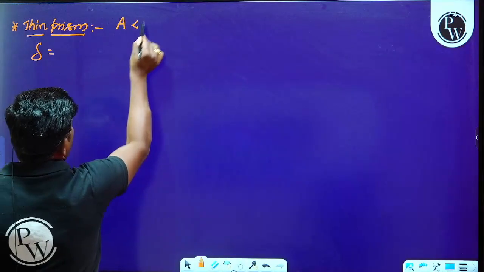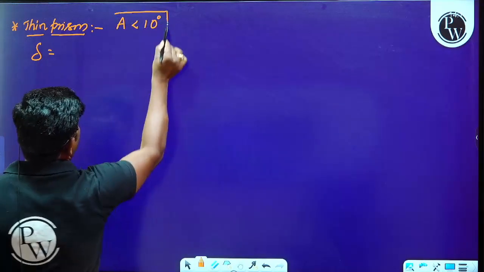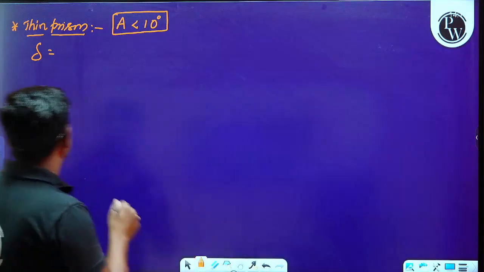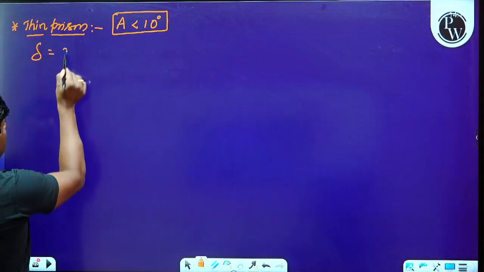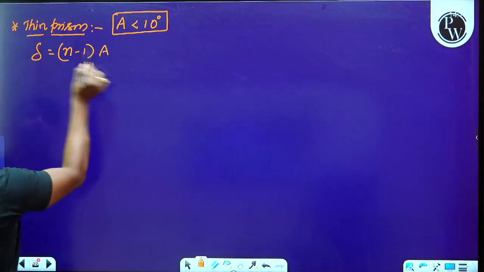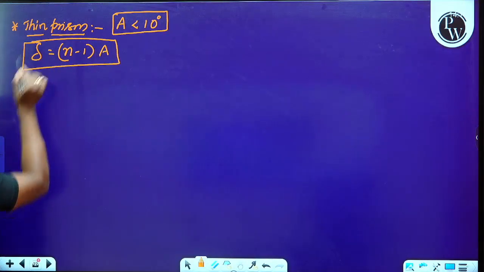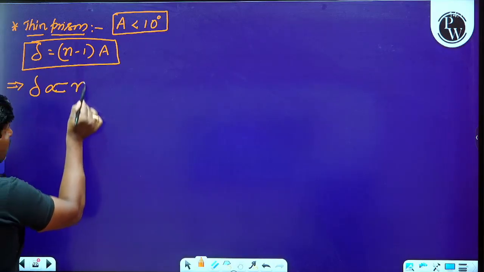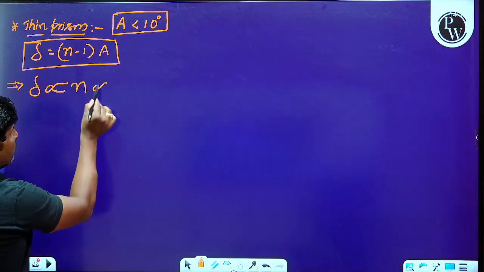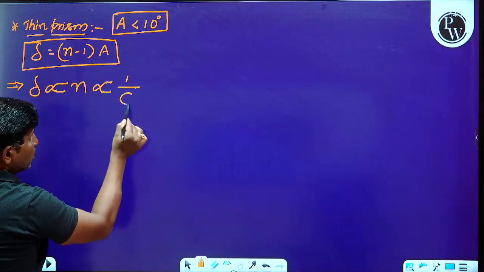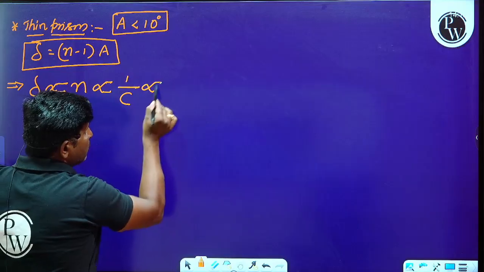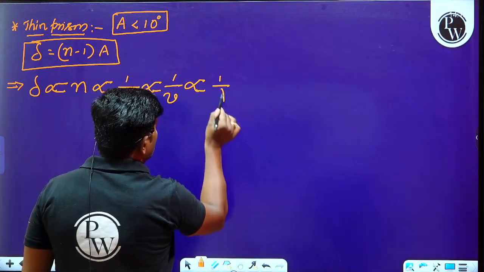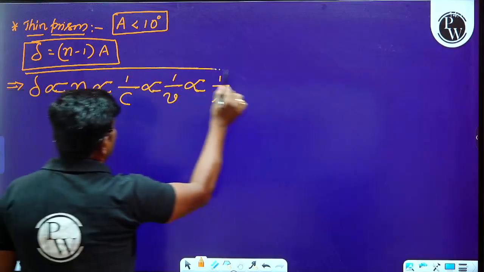The prism whose angle of prism, or refracting angle, is less than 10 degrees, the deviation is equal to (n minus 1) into capital A. From this, it should be very clear that deviation is directly proportional to refractive index, and refractive index is inversely proportional to critical angle, inversely proportional to the speed of the light, and inversely proportional to the wavelength of the light.